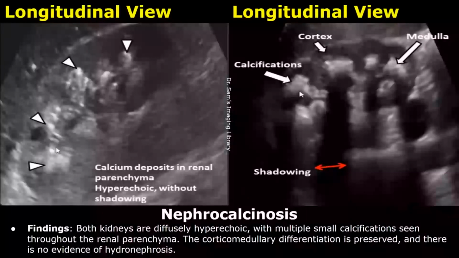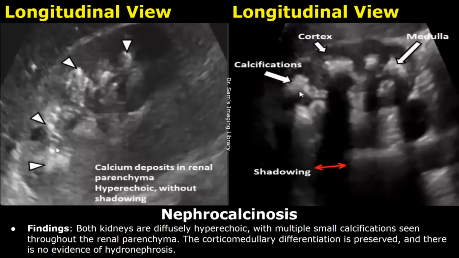This example is of nephrocalcinosis. Both the kidneys are diffusely hyperechoic and they have multiple small calcifications which are seen throughout the renal parenchyma. In this example, the corticomedullary differentiation is preserved.